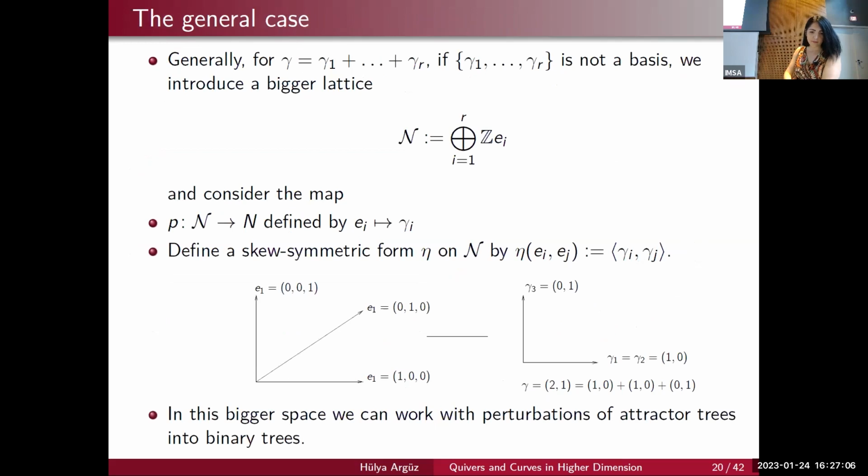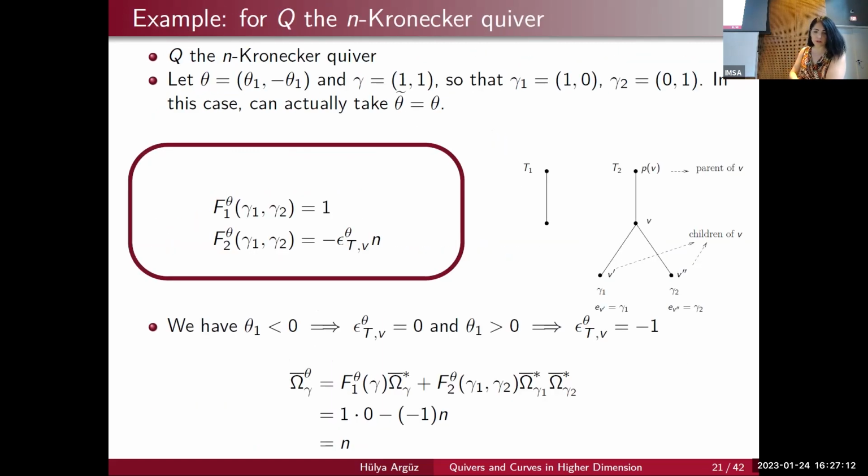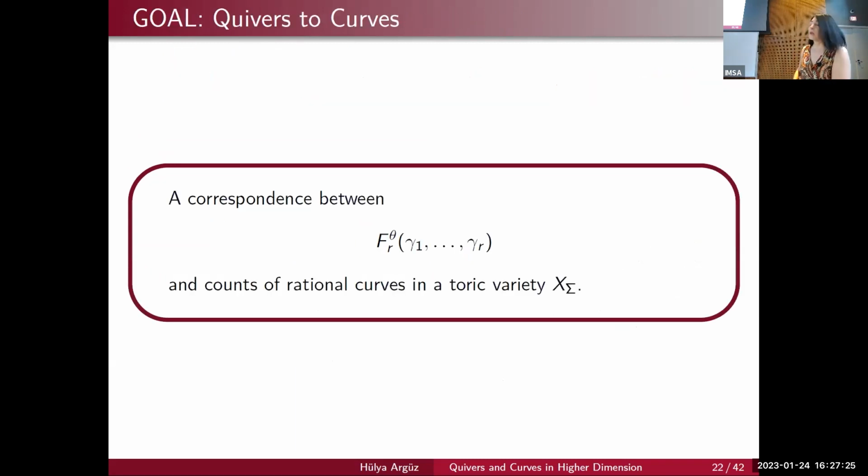In this formula, this inner product was the number of arrows, and we can calculate it to be n. So in this case, you can calculate your DT invariants for the sub theta. You can show they equal n if you do the calculation.